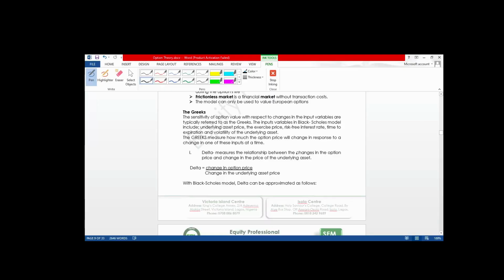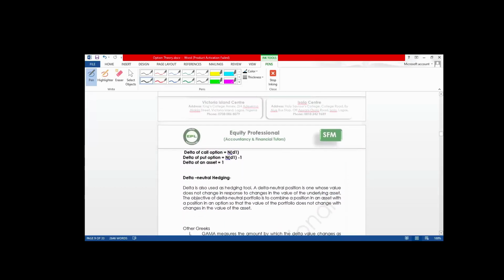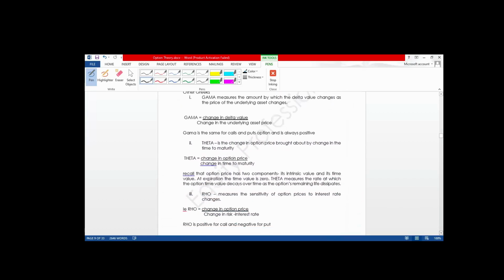The option value could be call option value or put option value. Now look at this question. We talk about types of Greeks.